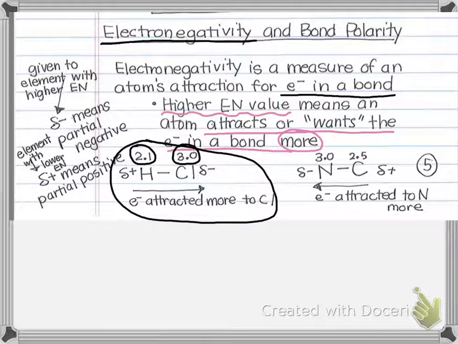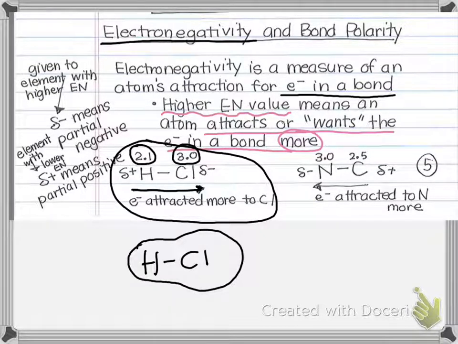What we would see is the electrons would shift and be more toward the chlorine. If we think of the electrons as a cloud, the electron cloud would be a little bit bigger around the chlorine because it has more attractive power. So see here it says electrons are attracted more to chlorine. Why? Because it has a higher electronegativity value.